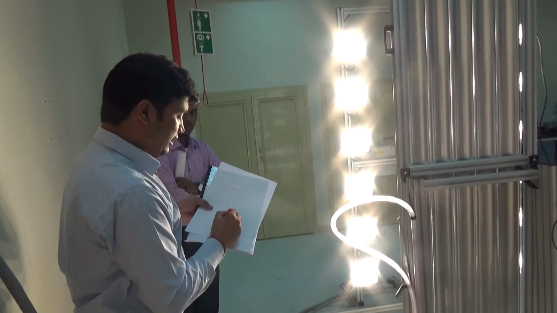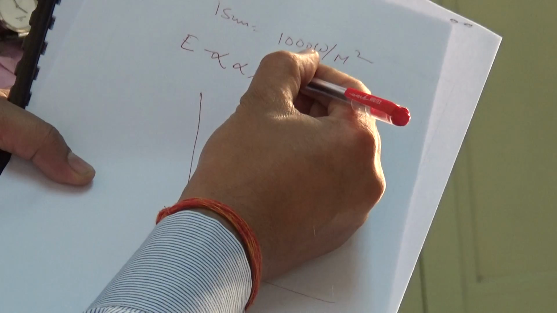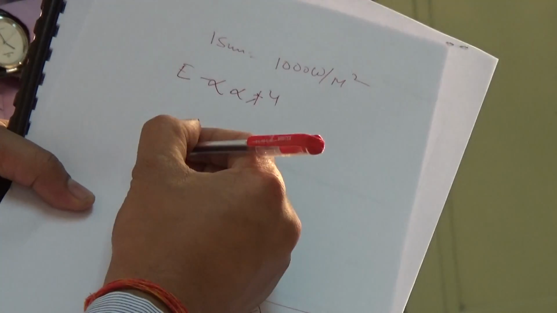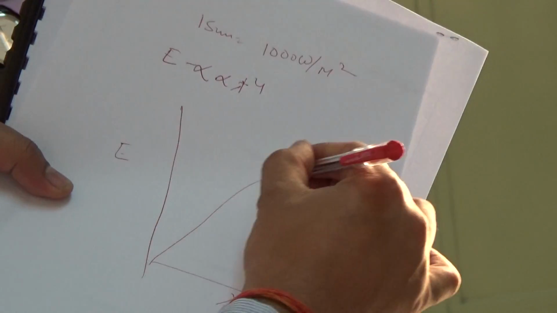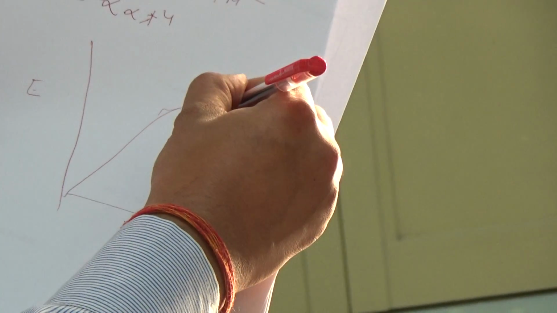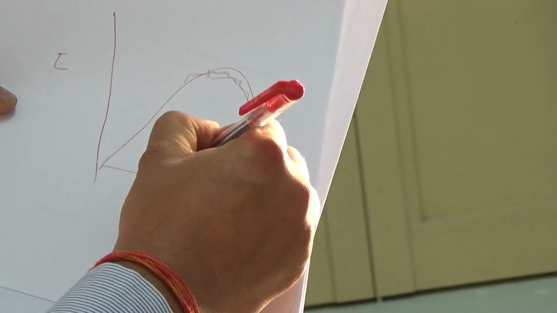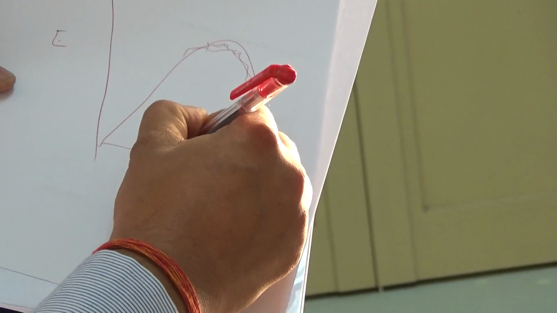According to the formula, this is the wavelength of the light. If I put in the wavelength and the expected intensity of the light, we should get this kind of graph. But due to absorption, the wavelength of the light gets distorted after 800 to 900 nanometers.